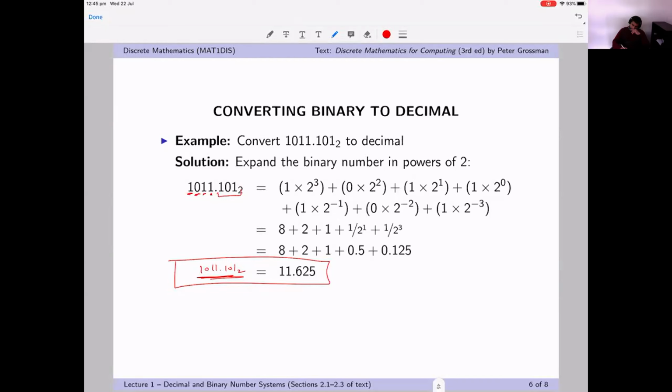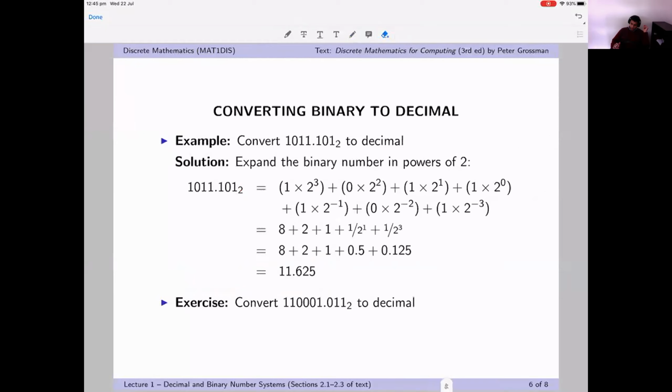Okay. So this is how we convert from binary to decimal. Then another example: convert 110001.011 to decimal. If I want to do that, I would start with the first number.